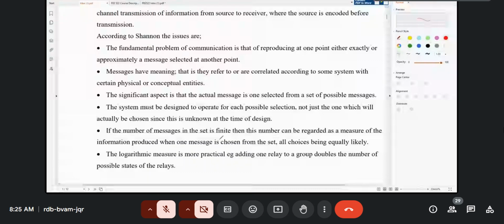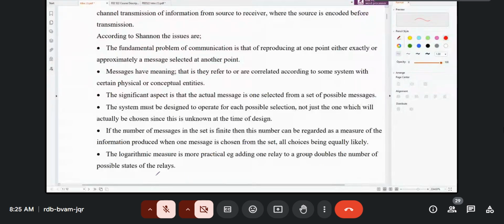It's talking about the concept of information based on the probability of getting a certain message.